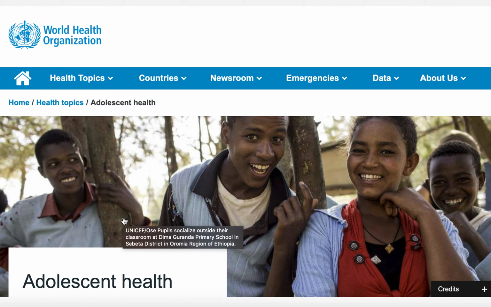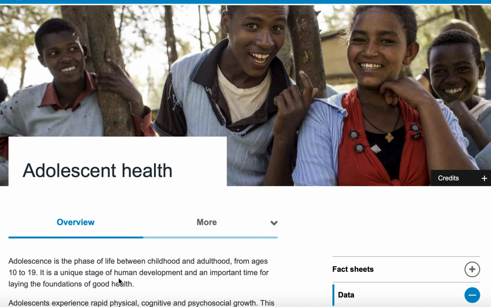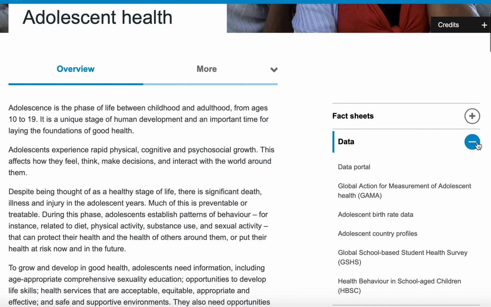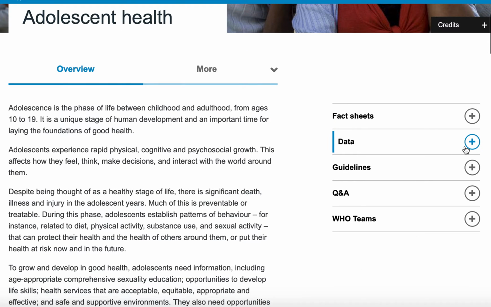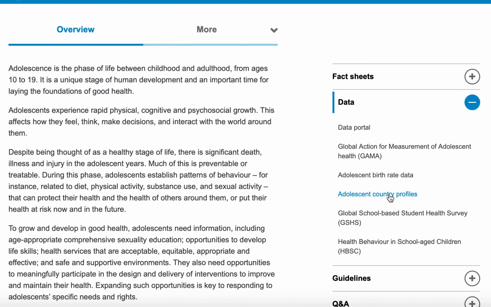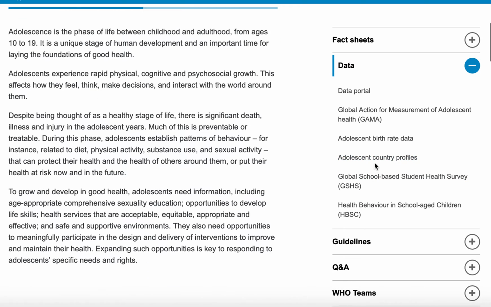And the website link that I've given you takes you to adolescent health, which is roughly the age category here, 10 to 19, that we've been talking about this semester and in all of our notes and so far on our PowerPoint. I'd like to draw your attention over here to this right-hand side where it says data. And if you open this data up, you can have a look at some different countries' profiles. That's where I think should be your starting point for today, but feel free to look further.